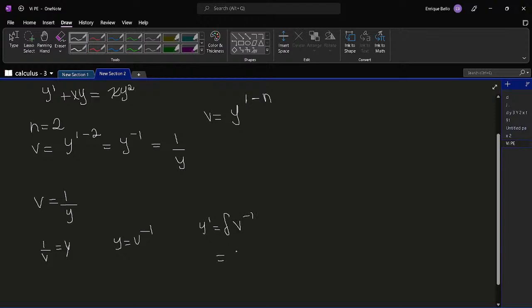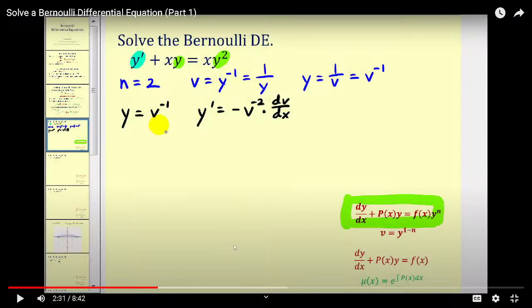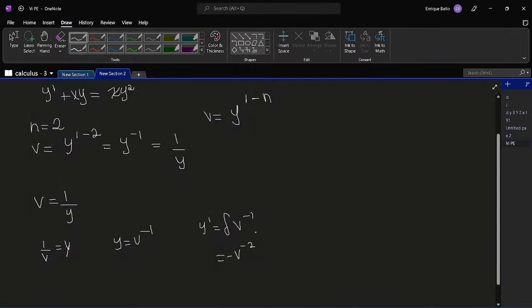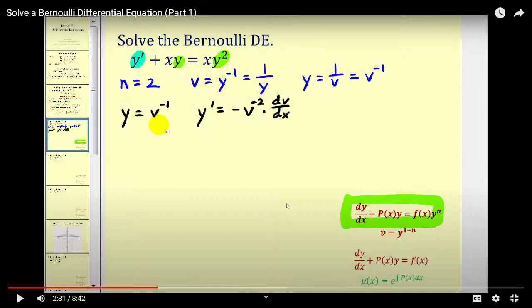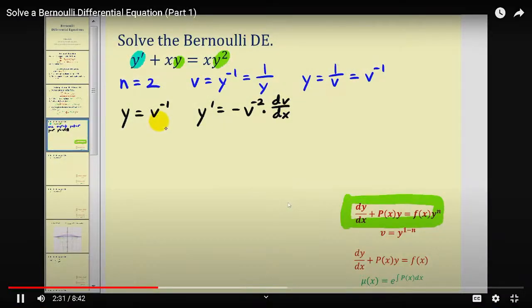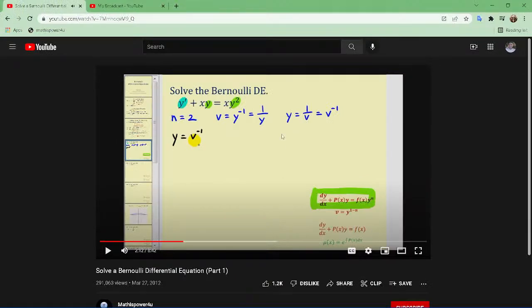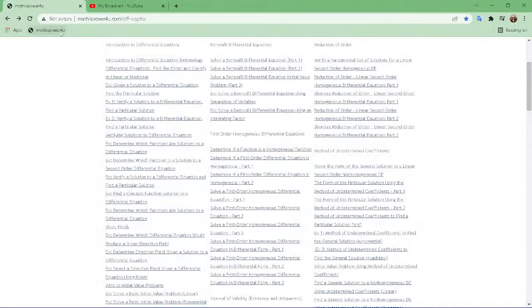If I integrate, I get the same thing, just minus 2. Oh, no, hold on. This is not it. Then he did something else. And now look at dx. Negative v is going to be equal to, we'll have to perform implicit differentiation here. Implicit differentiation, I don't know that one.